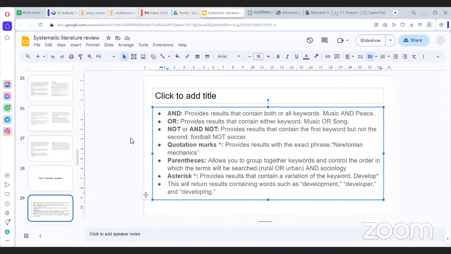Okay, so this is the Boolean operator. Please write it down, or you can take a picture. This is vital for searching the data.